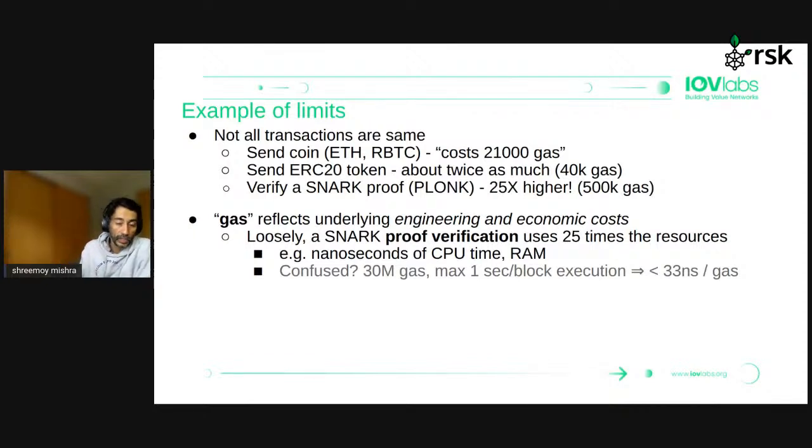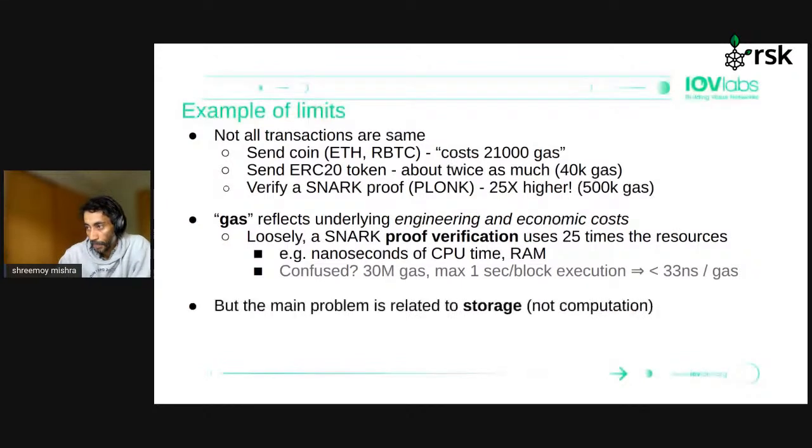For RSK, since our block size is smaller, we have higher tolerances. Transactions can take a little bit longer per gas, and will still be okay. But that's what it's linked to. Resource use is compute resource, network resource, and storage resource, and most of this talk is going to be on storage resource, not so much on network or computation.